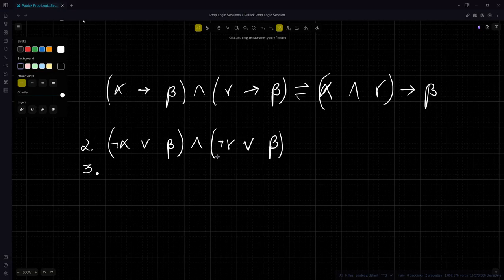Beta or not gamma or not alpha? Not alpha. Wait, beta or not gamma or not alpha? Oh, and yeah, not gamma, not alpha in brackets.